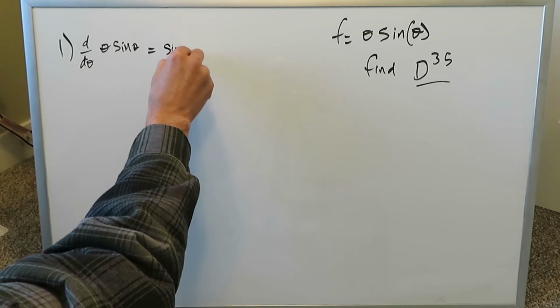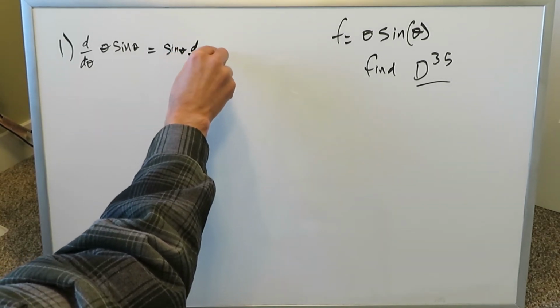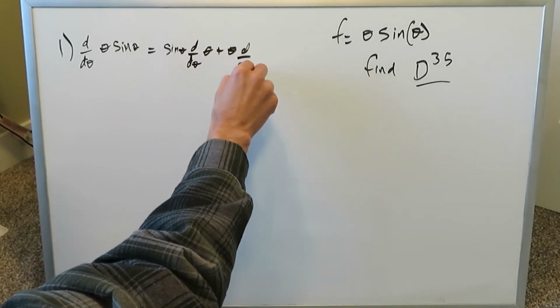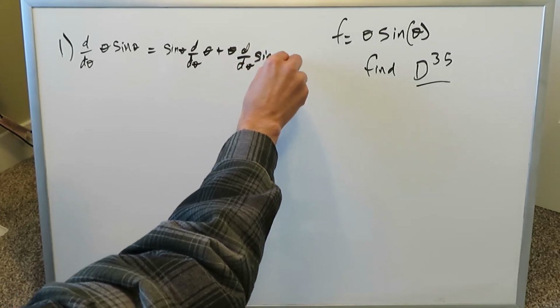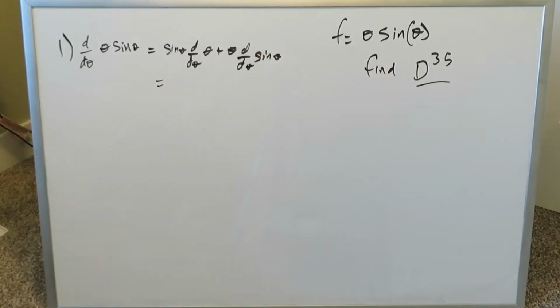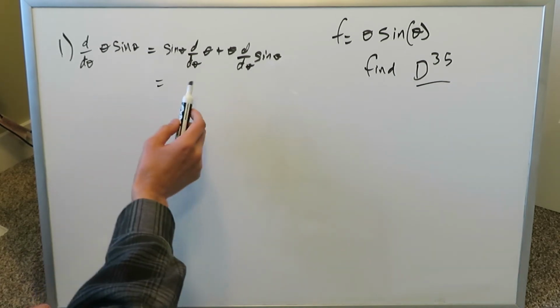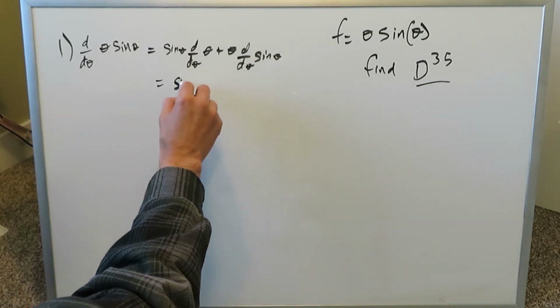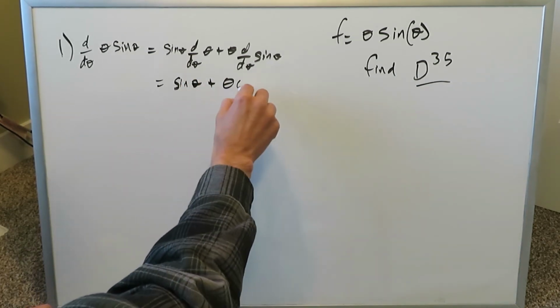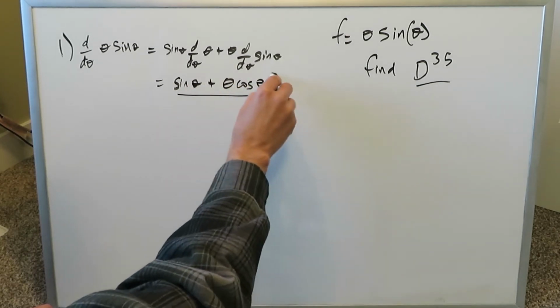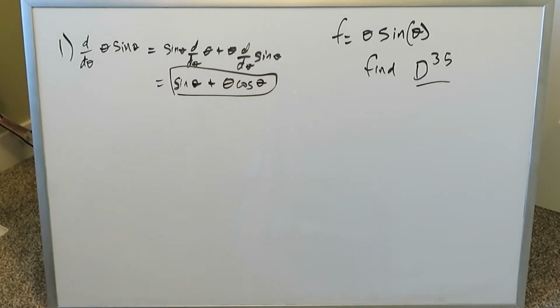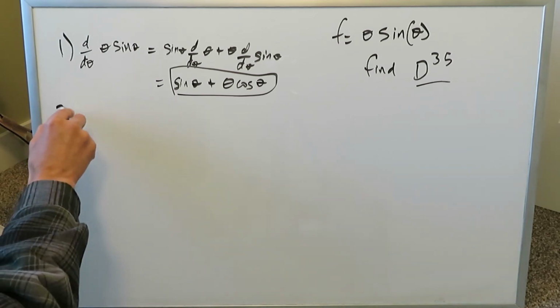The computation will give you the outcome of the first step. Here you're getting a sine theta plus theta cosine theta, and this is the outcome of the first step, which will become the input of the next step, the second step.